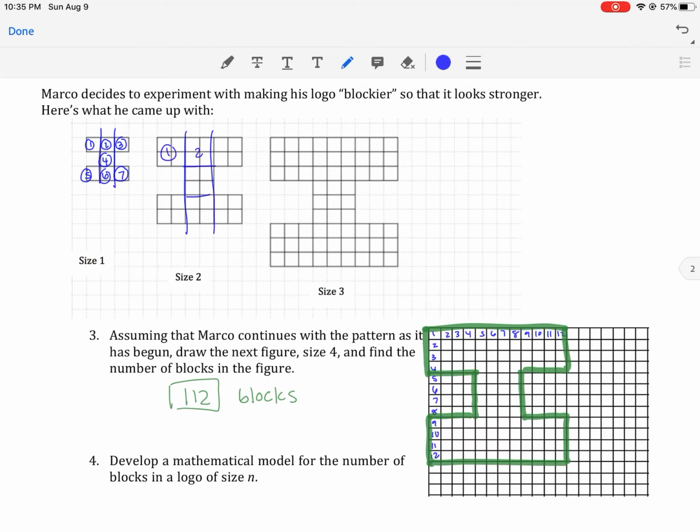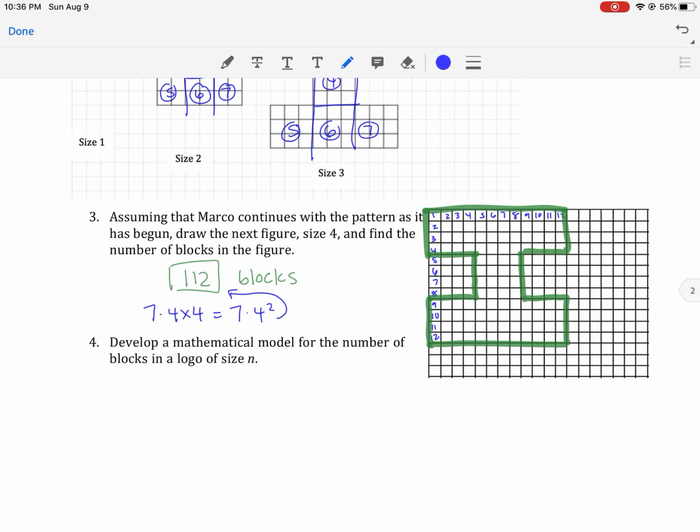I have 1, 2, 3, 4, 5, 6, 7 blocks of size 2 by 2, right? And this last one, you'd see, okay, 1, 2, 3, 4, 5, 6, 7. So you may see that there's 7 blocks for size 4 of 4 by 4s. Or you could say 7 times 4 squared, which in this case does equal that 112.